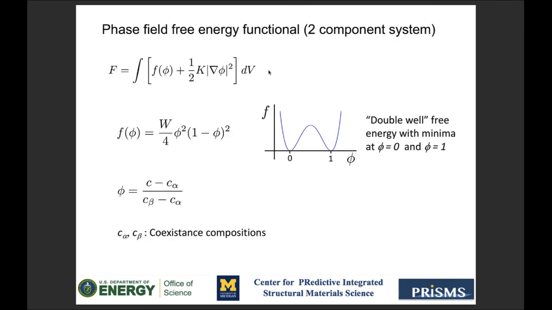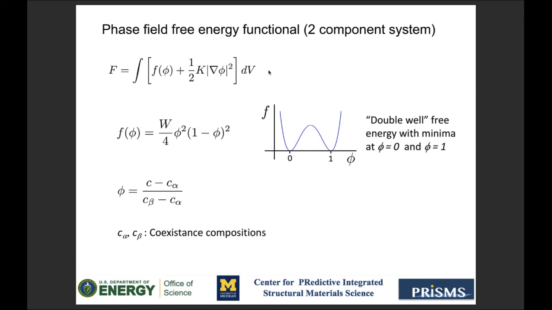Okay, so I already talked about this particular phase field model in a previous video, but let's go over it again. We start with a free energy which has bulk and gradient energy contributions, and we are using the symbol phi as the order parameter here. This order parameter can represent different physical properties depending on the model. Here, for example, we define it as a rescaled concentration of one of the components in a 2-component system.